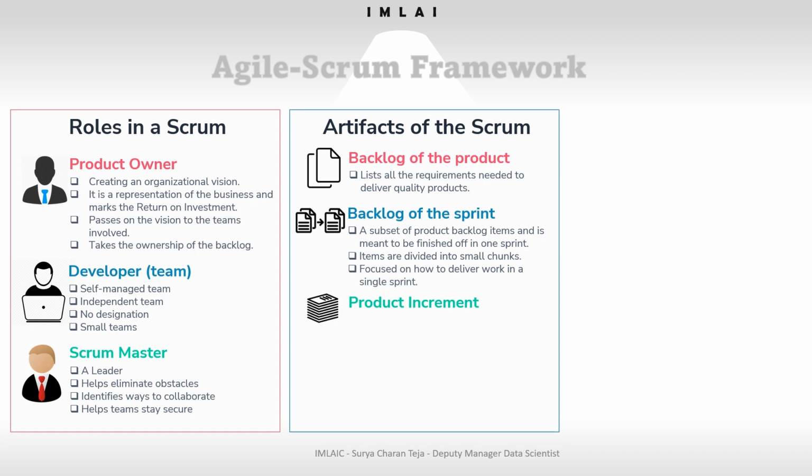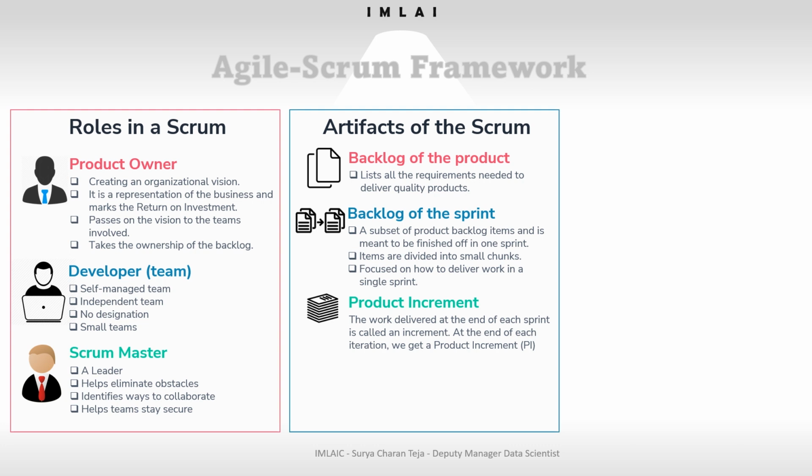And the third artifact that we can see is product increment. The work delivered at the end of each sprint is called an increment. I think you got it. So out of 10 backlogs that we have, the product backlogs, 3 are put into sprint 1, and once that sprint is completed, whatever work has been delivered in that sprint is called an increment.